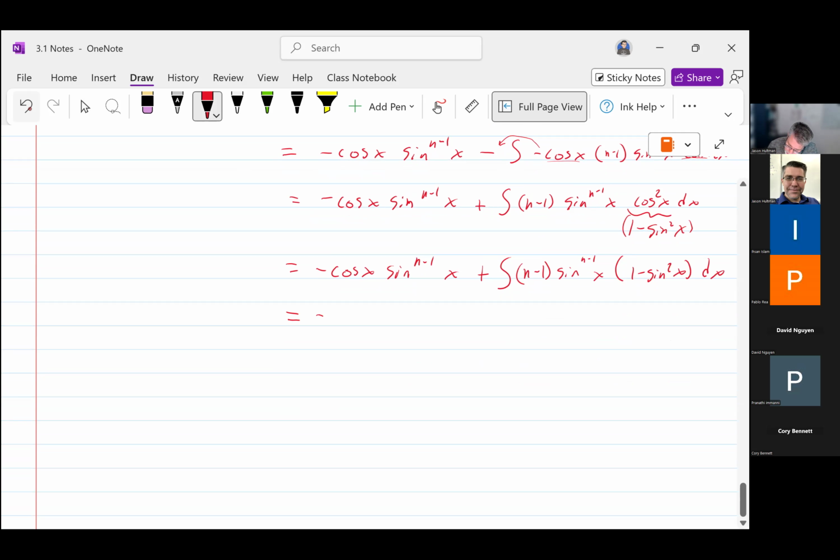So this is going to be equal to negative cosine x sine to the n minus 1 x plus, I'm going to now distribute. This is the integral of n minus 1 times the sine of x to the n minus 1 power, minus n minus 1 times the sine. Now I've got to get the power right here.